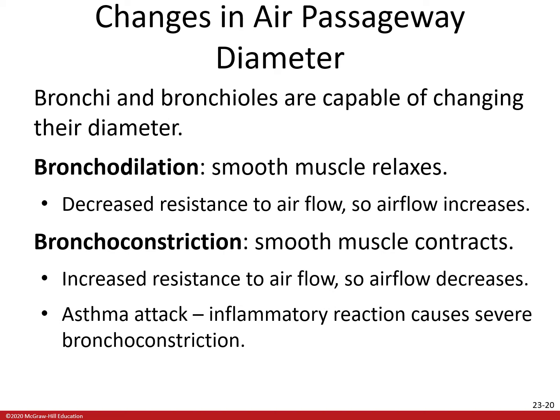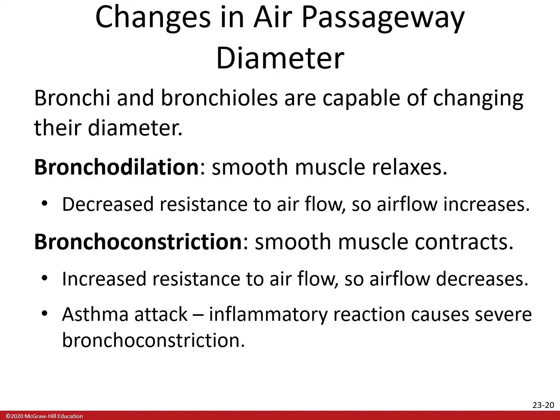Those tubes open up and allow more air to pass through. Contrary to that, we have bronchoconstriction, where the smooth muscle will contract and decrease the amount of air able to pass through. What this can also be called in some instances is an asthma attack.